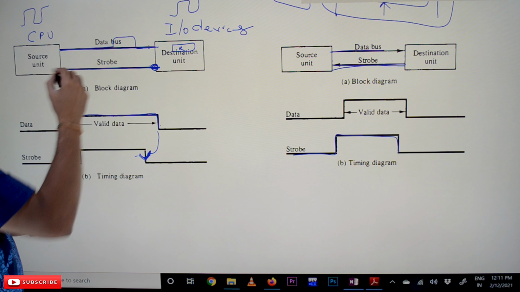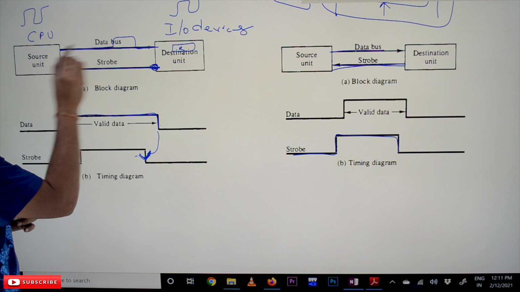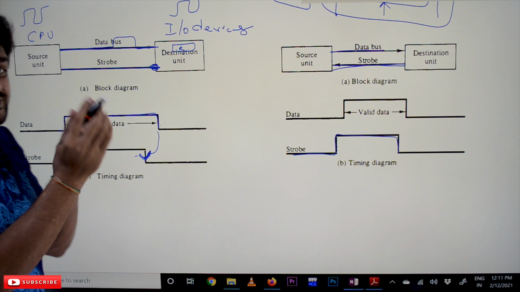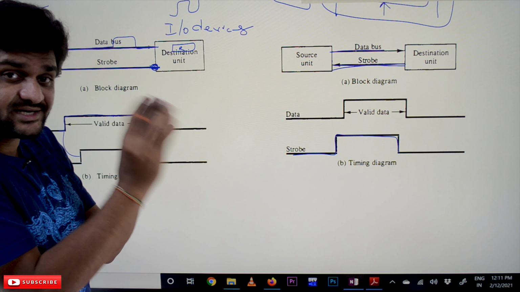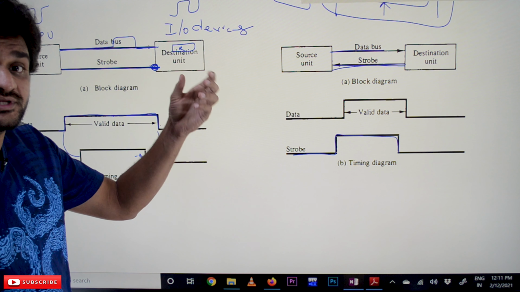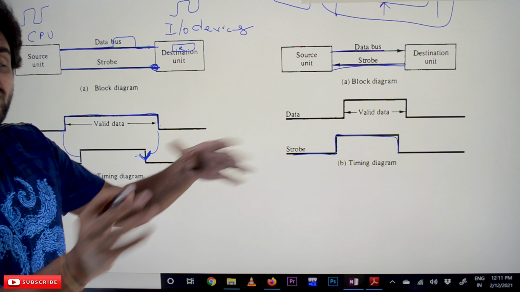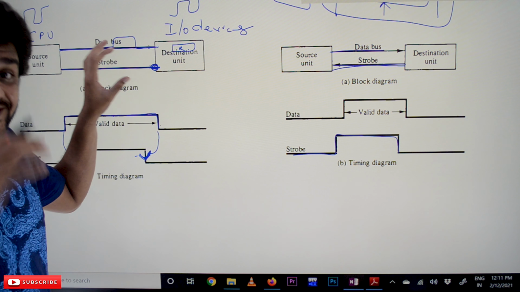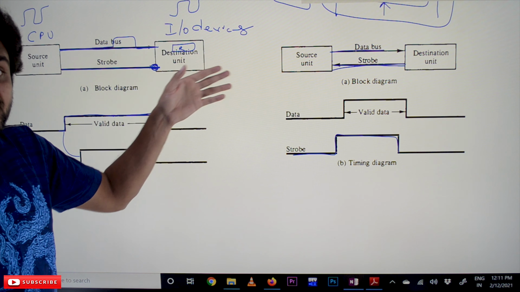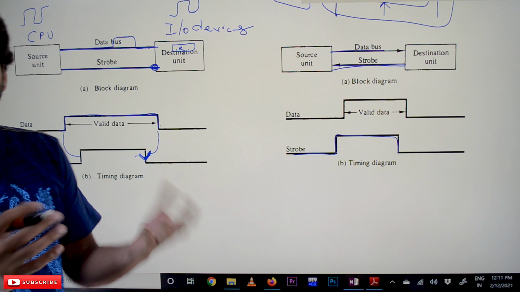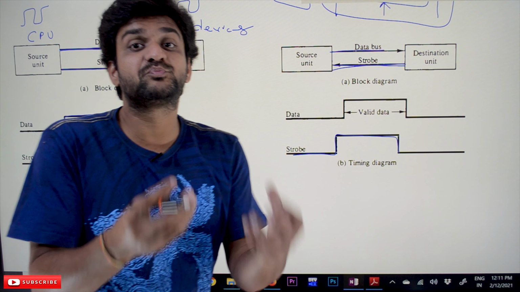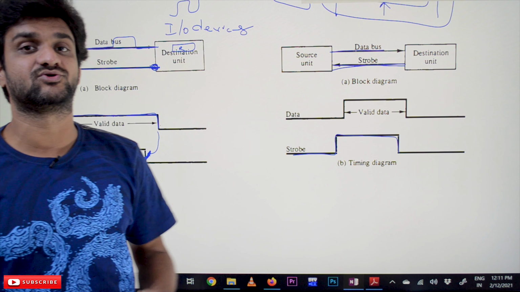The source will continuously generate the signal for a specific period of time, and after that period it will delete everything, assuming the destination has received all the content, but it has not. This acknowledgement is not provided in the strobe control mechanism.